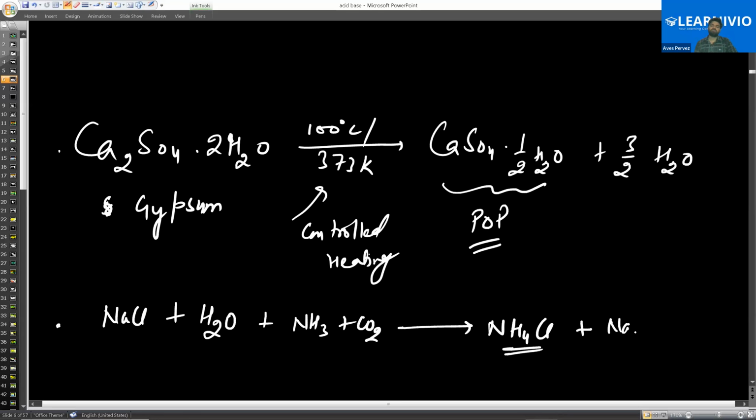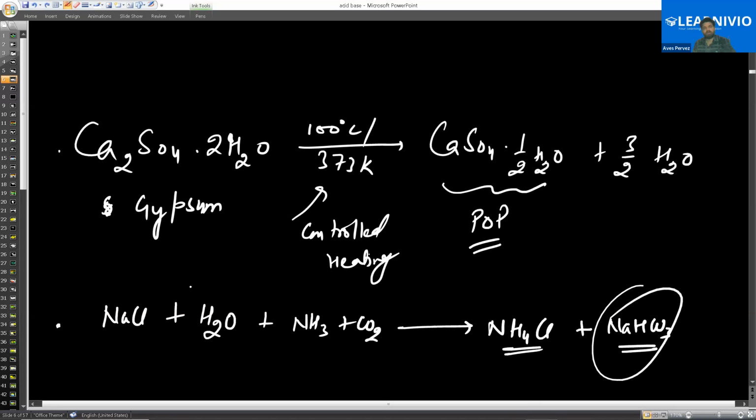And NaHCO3. This is baking soda, and caustic soda is NaOH. They do not have water of crystallization.